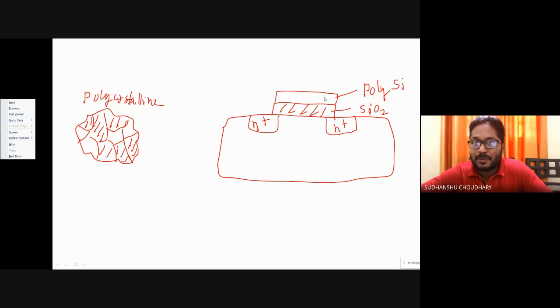Now another question would be whether this silicon or polysilicon present at the gate is doped or not, right? We understand that to have conductivity from any material, it should be doped either into N type or P type, because otherwise it would be an intrinsic semiconductor. To make it useful for conducting current, you need to dope it with p-type or n-type impurity.